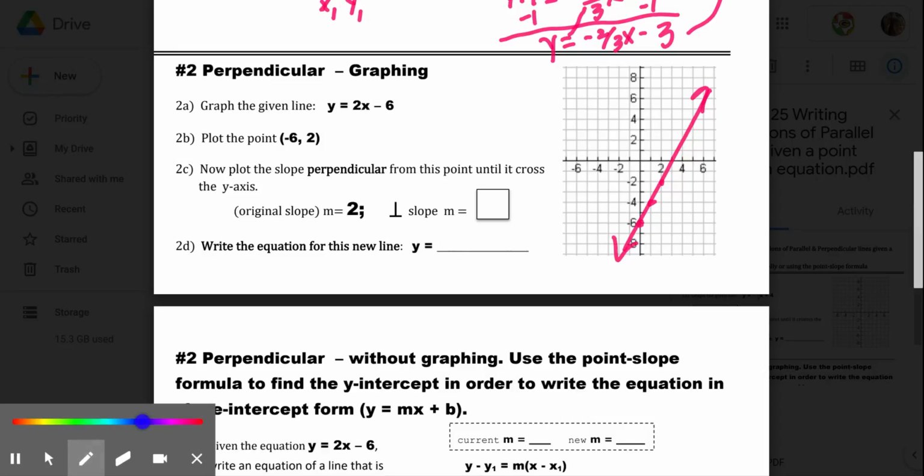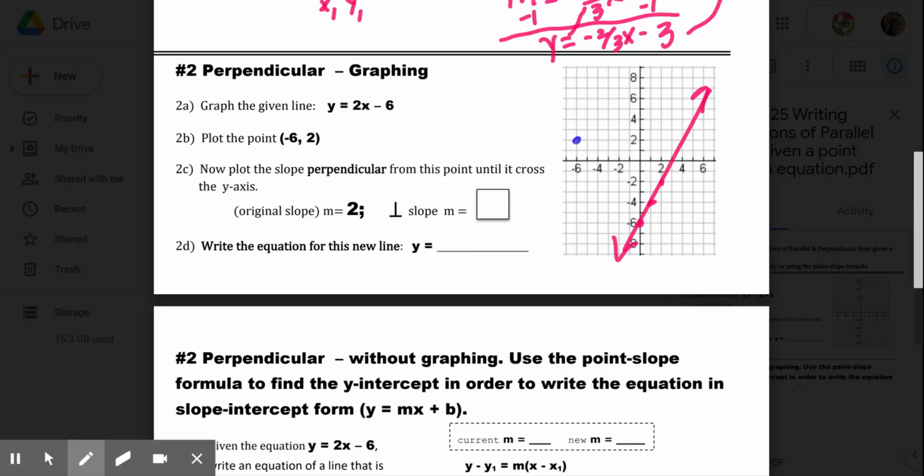Then it says plot the point -6, 2. So I'm going to go left 6, up 2. Now plot the slope perpendicular from this point until it crosses the y-axis. So remember, the original slope was 2. So the slope that's perpendicular, remember perpendicular is opposite sign. So instead of a positive, it's going to be a negative, and it's going to be flipped.